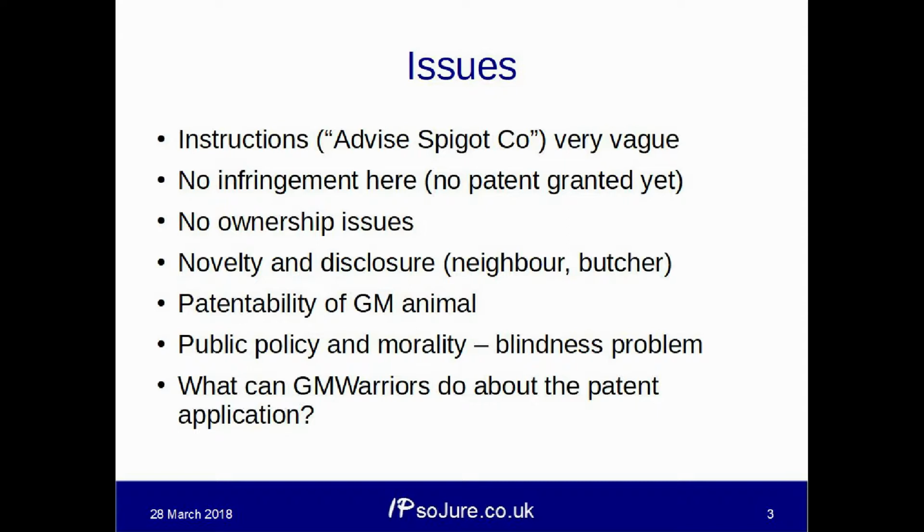This one doesn't disclose any sort of infringement, so that's not what you're going to be writing about here at all. Nor are there any ownership issues. The examiner hasn't put anything into the scenario to make you think about ownership. What we do have are issues about patentability.